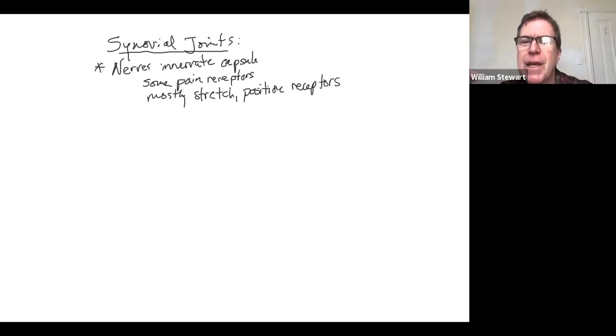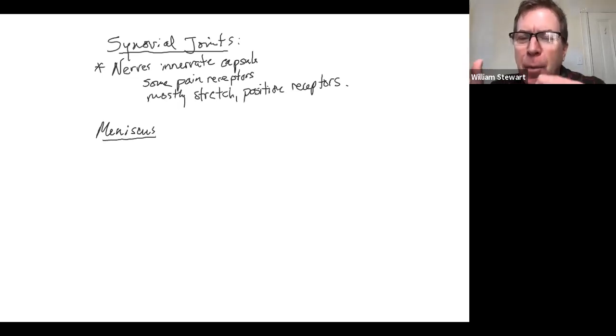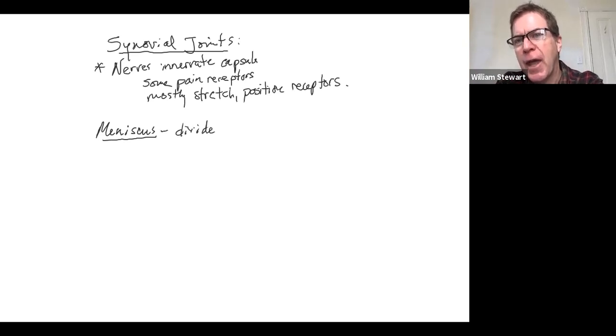Okay, if a meniscus is present in the synovial joint, just to remind you what a meniscus is, it is a fibrocartilage pad that's separate from the articular cartilage coating the bones. A meniscus, if present, would divide the synovial cavity into two sections.